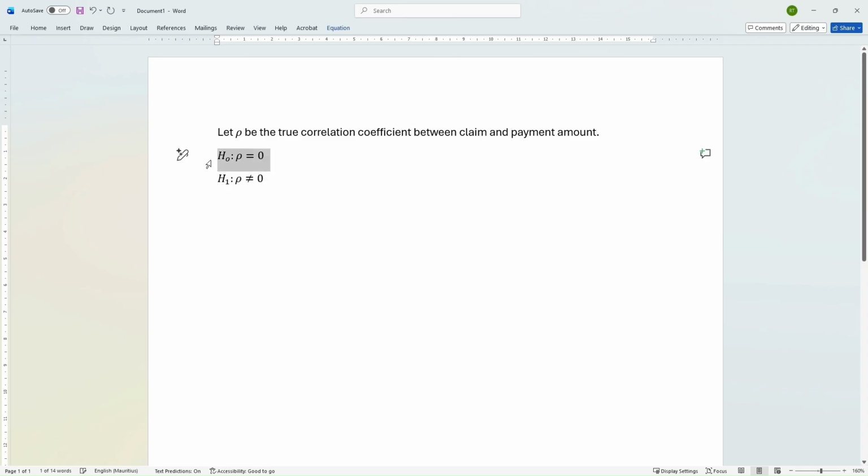It means that there is no significant linear relationship between payment and claim, because normally a correlation of zero implies that there is no linear relationship. So if the correlation in the population is equal to zero, it means that in the population there is no linear relationship.